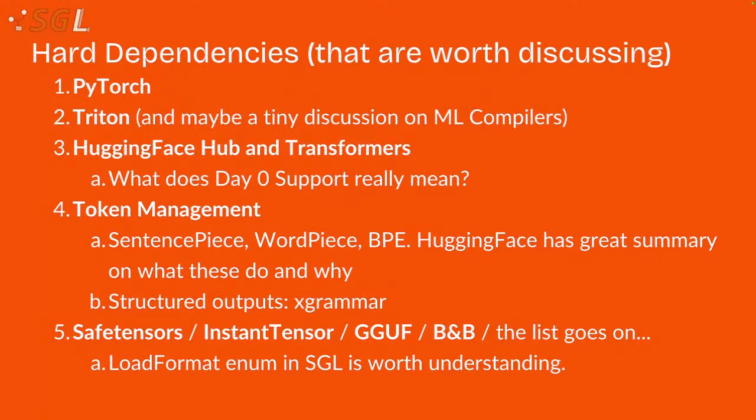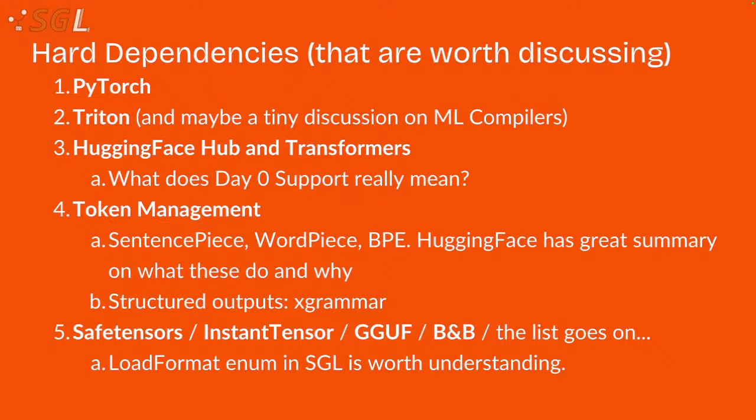And so now we've talked about PyTorch and Triton, which is how we write our models and implementation. Hugging Face is where they're stored, and transformers is almost like this ground truth of implementation. But what does it actually look like as the hard dependencies of running these models, right? And so this relates to token management, with structured outputs with XGrammar, SentencePiece, WordPiece, byte pair encoding.